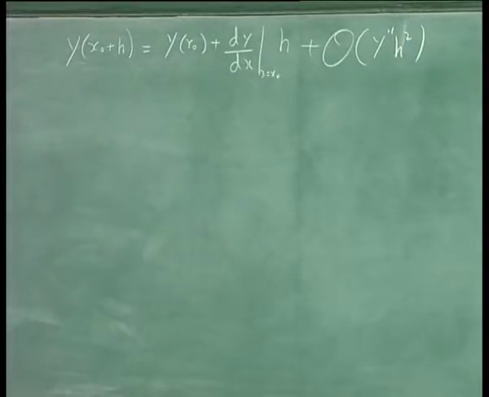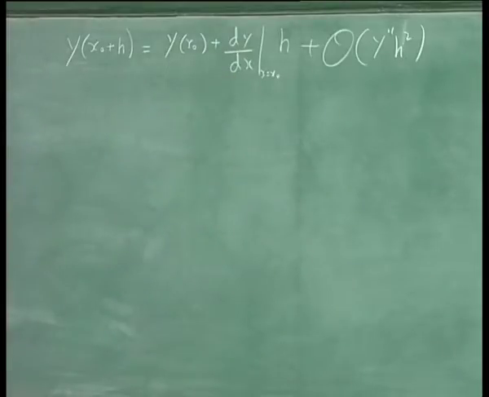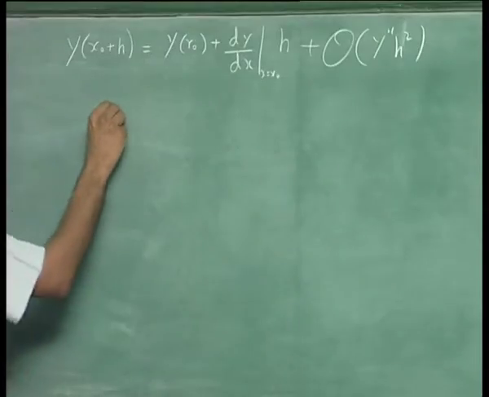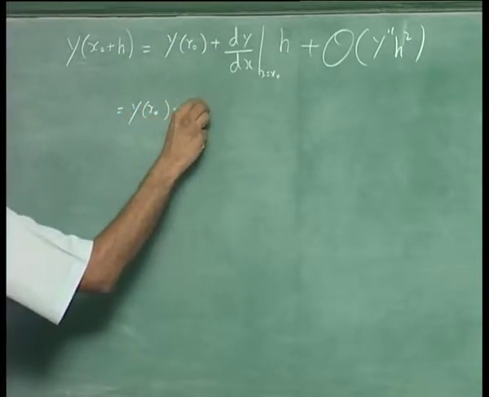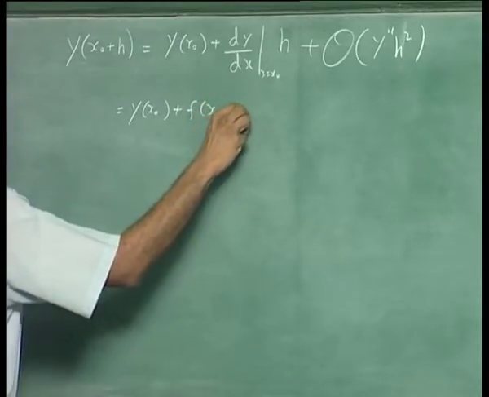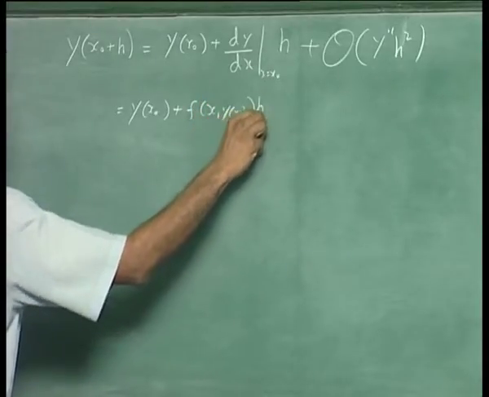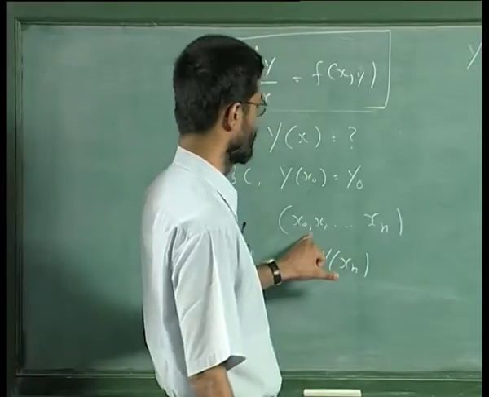Now this looks familiar. We know what dy by dx is, and that's f of x, y. So I can write this as y at x0 plus f of x, y at x0, that is y0, times h. Now h is the distance between x0 and x1.